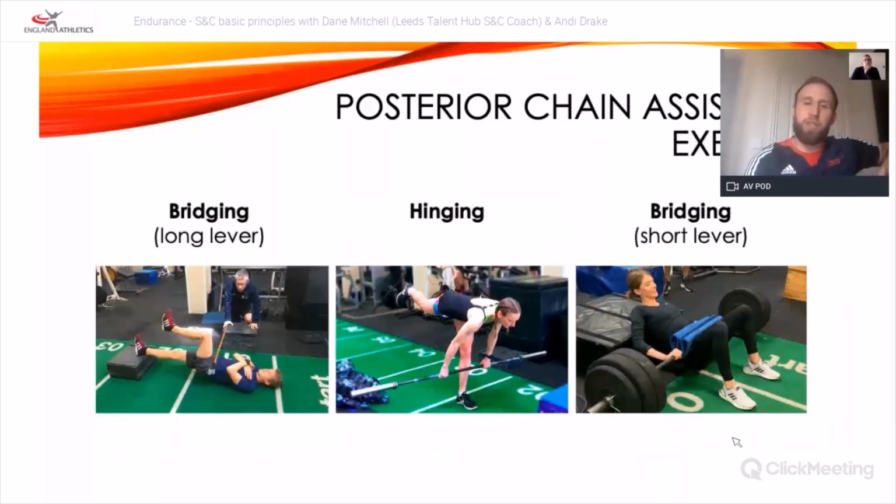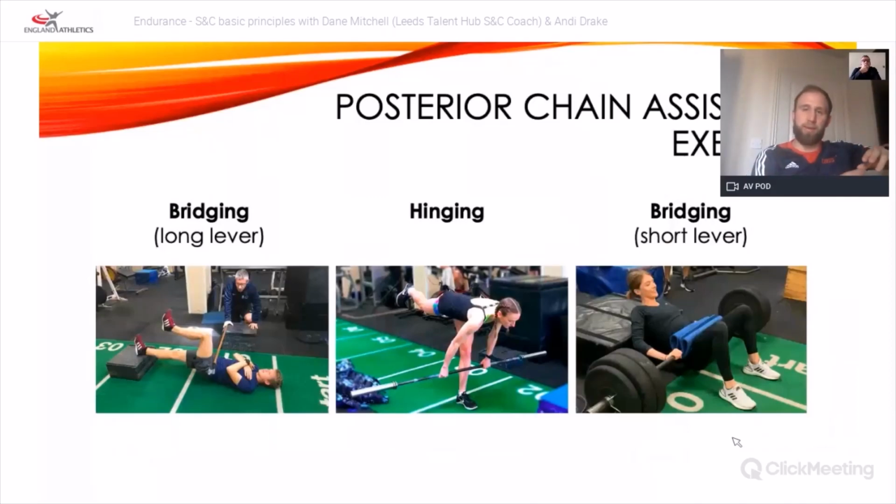And then the other categories are bridging patterns, like glute bridges, hip thrusts, those kind of things. They are bridging patterns with a short lever or a bent knee, and that emphasizes the glute muscles, the glute maximus particularly. Whereas if you do a bridge variation with a longer lever, aka a straighter leg, generally that has slightly more emphasis on the hamstring.